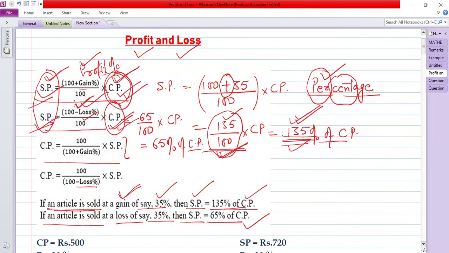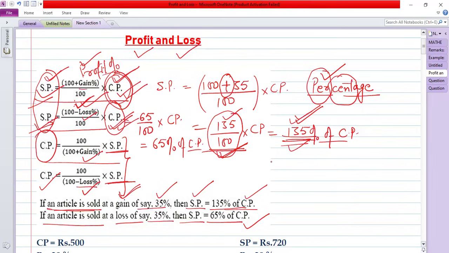And the below two formulae are just the reverse case: if the selling price is given, then how to find the cost price, with the gain or loss percent given. It is not a big deal here, just the formulas are reversing.